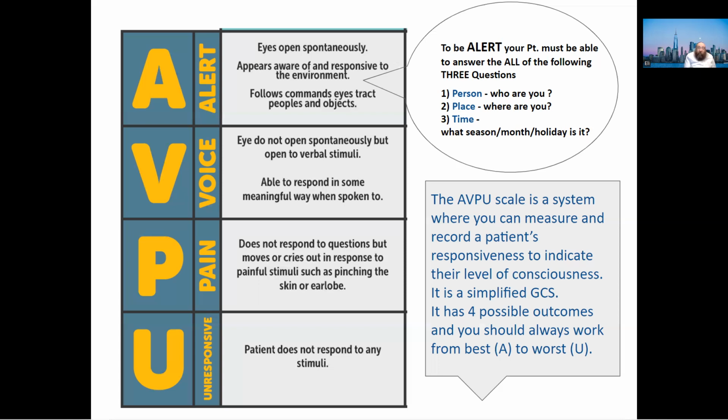And you got to answer all the questions correct. So we want one question that involves person. So you can say, what's your name? It's not the best question because you don't know if they're telling you the truth. So the best question is, who is that? Someone else in the apartment? Who's that? Do you know that person?